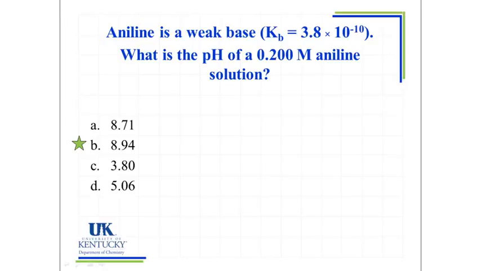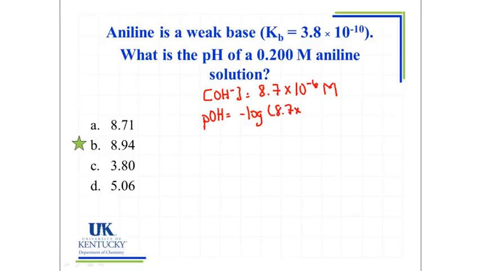You should have gotten a pH of 8.94. Now we can use that OH- concentration that we found earlier, which was 8.7 times 10 to the minus 6 molar. And we can take that information and find the pH. We can take the pOH first, which is the negative log of 8.7 times 10 to the minus 6th.